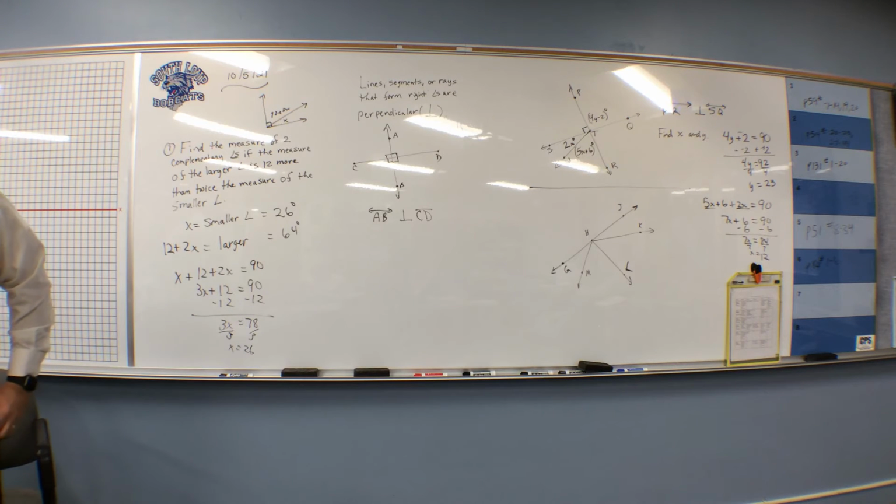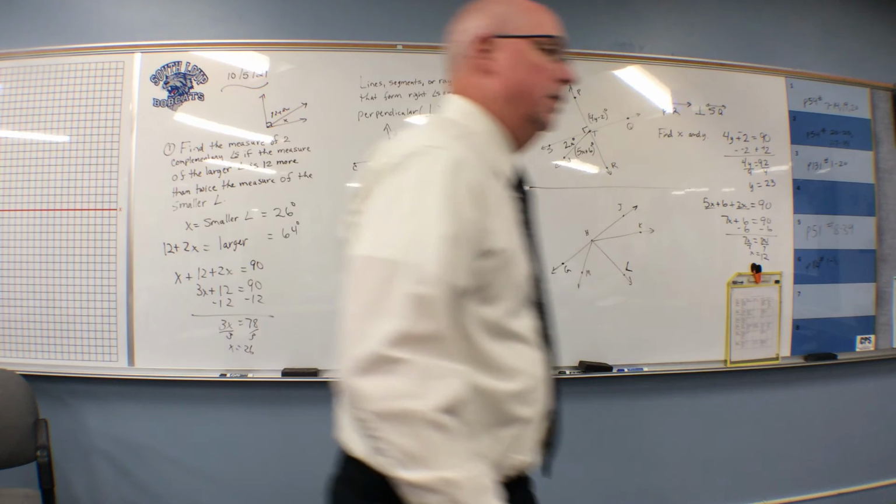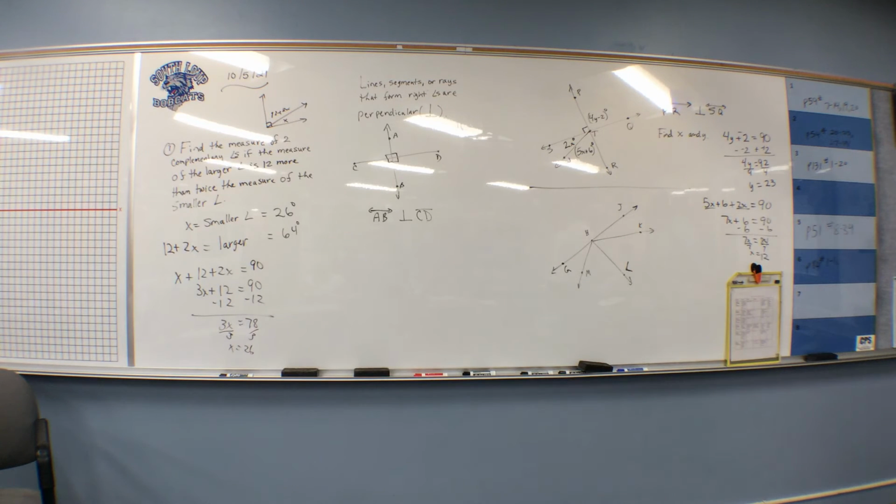I said angle BFC. This angle right here. What's vertical with it? Point to it. What's across from it? This angle here is across from it.